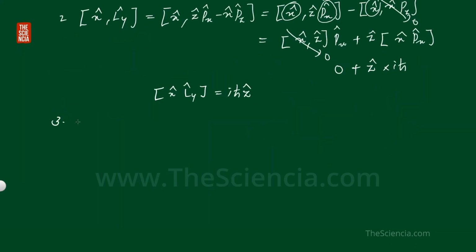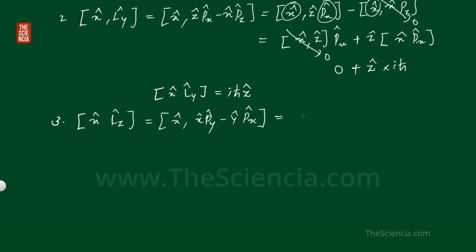Third one, commutator bracket of x cap with the L z cap. That is equal to [x cap, L z cap]. L z cap is x p y cap minus y p x cap.